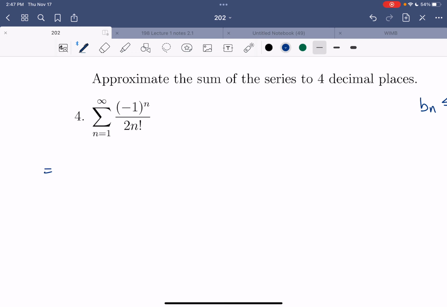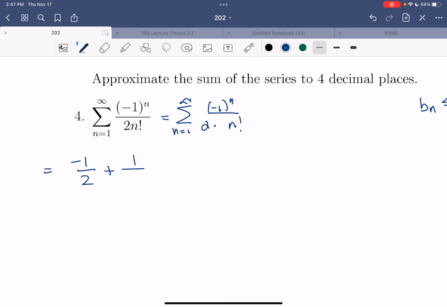So let's see. When I plug in 1, I'm going to start out negative over 2 factorial, so that's 1/2. When you plug in 2, and there's no parentheses around the 2n, so I'm assuming that this is sum n equals 1 to infinity, negative 1 to the n, over 2 times n factorial, okay? So when I plug in 2, the top number is squared, so it's positive.